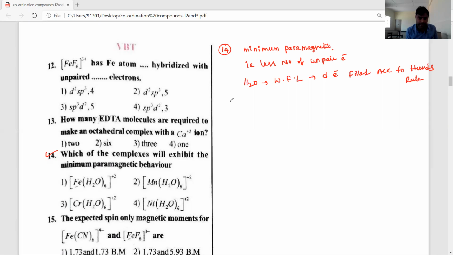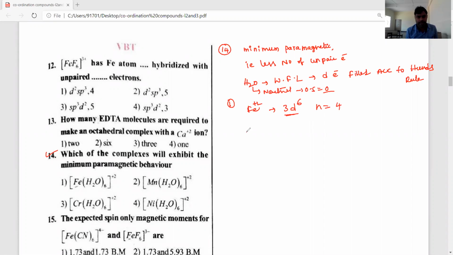Okay, students. Now the first one is iron plus 2. Water is a weak field and neutral ligand, so its oxidation state is 0. What is the charge on this complex? +2. That's why iron is present in the +2 state. Iron +2 means 3d6, filled according to Hund's rule, so n is equal to 4.